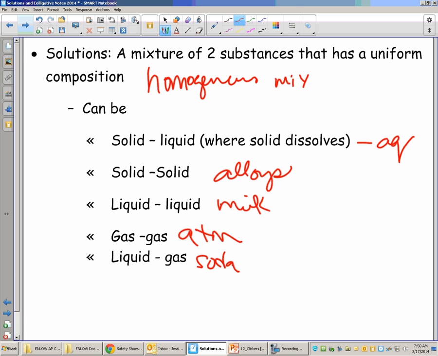And then you know your ethanol solutions at the store. It's like 50% ethanol. That's a liquid as well. Like 70% isopropyl alcohol or 50% ethanol, like cleaning agents. Or 3% hydrogen peroxide.